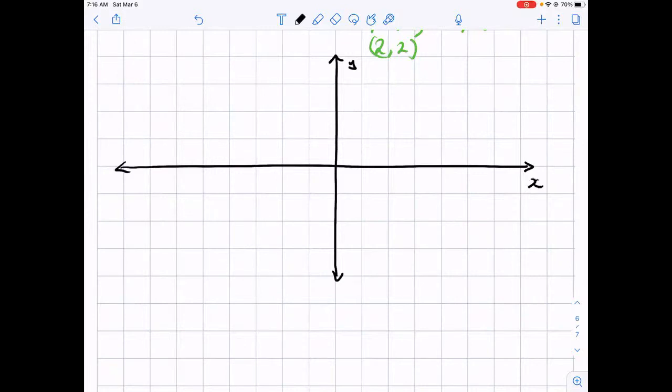So here is 1, 2, 3, 4, minus 1, minus 2, minus 3, minus 4, and here I have 1, 2, 3, minus 1, minus 2, minus 3.